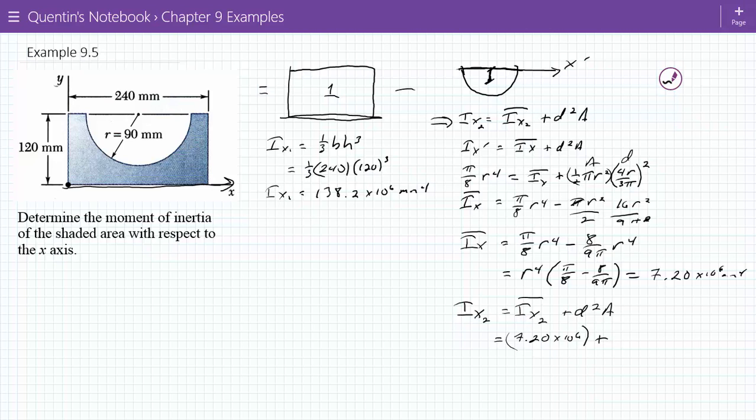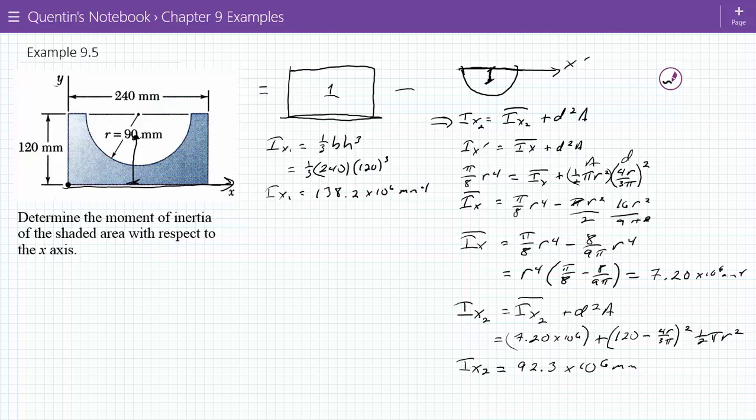Now we're going from here to the centroid here, and so we figured out it's going to be 120 minus the 4r over 3 pi, but again, that's the distance squared, and the area is the 1/2 pi r squared. So Ix2 ends up giving you 92.3 times 10 to the 6th millimeters to the 4th.